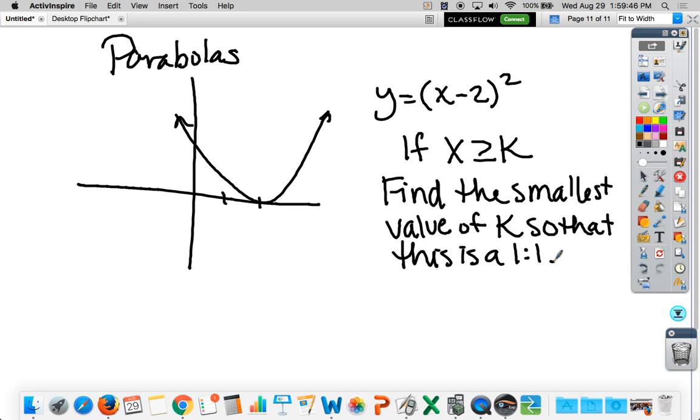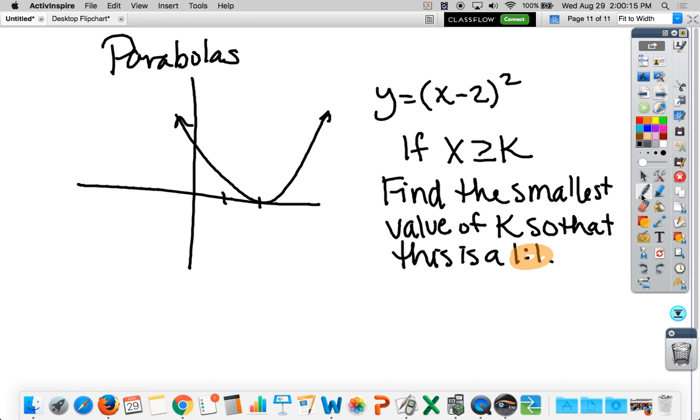Okay, so first thing up here that's of great importance, we've got x is greater than or equal to k. We're going to talk about that in a minute. What does that mean? Okay, it's a ratio. It's a 1-to-1. What does it mean for a function to be a 1-to-1? That's a good guess.